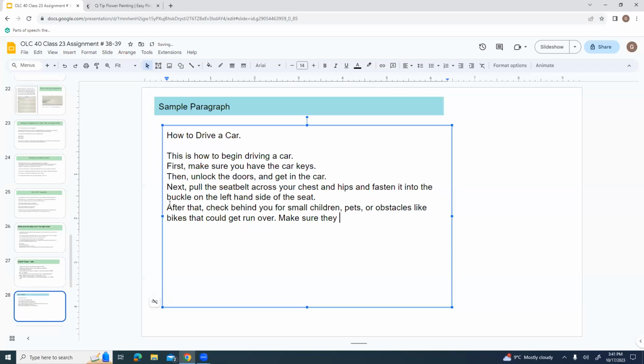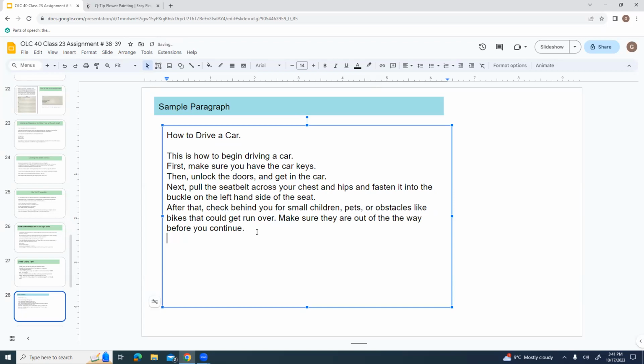Make sure they are out of the way before you continue. Okay, so I want to point out again, I'm still starting with the verb here. Even though I'm starting a new sentence, I'm still doing that verb first command format, okay?